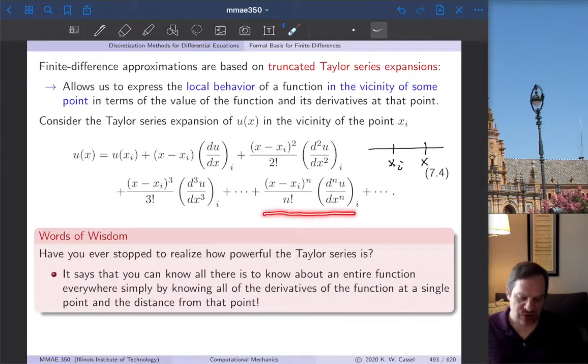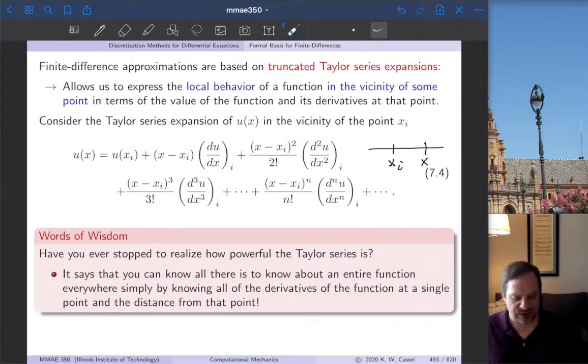So the general nth term is x minus x sub i to the power n over n factorial times the nth derivative evaluated at x sub i. Now if you continue that all the way out, keep all infinity of the terms, then that's an equivalent expression for u of x at this point right here.